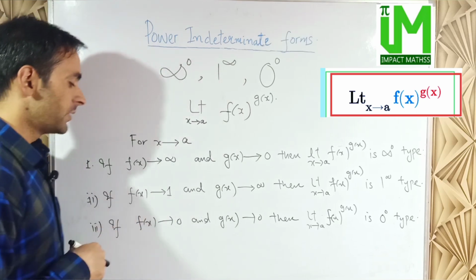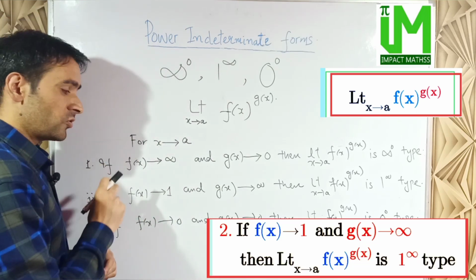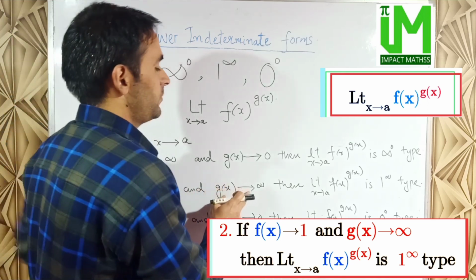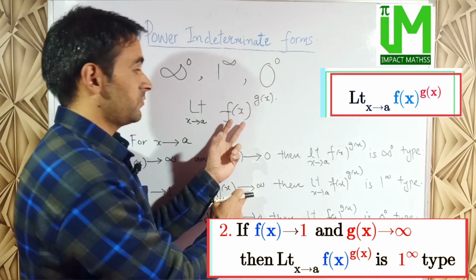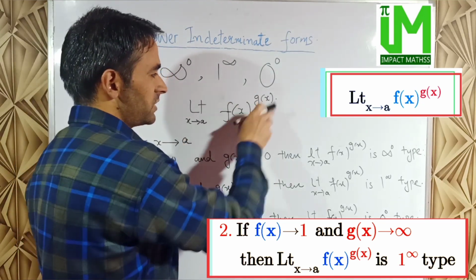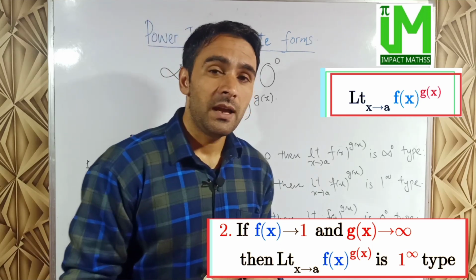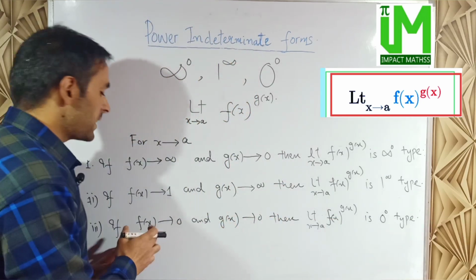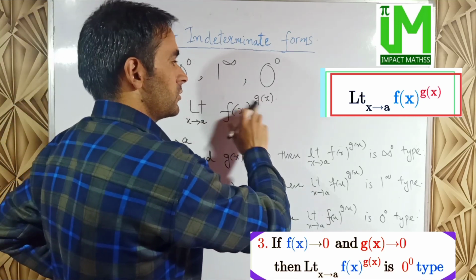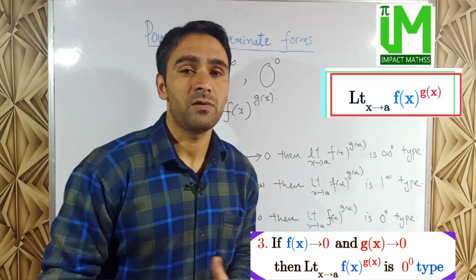And number second, when x approaches to a, if f(x) approaches to 1 and g(x) approaches to infinity, f(x) 1 को जा रहा है and g(x) infinity को, that means this indeterminate form will be of the type 1 raised power infinity. And number third, if f(x) approaches to 0 and g(x) also approaches to 0, then this limiting form will be of the type 0 to the power 0.